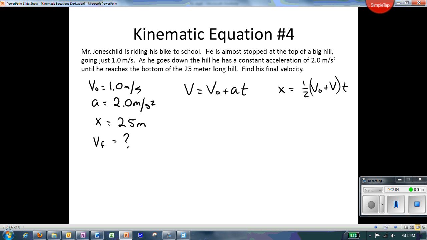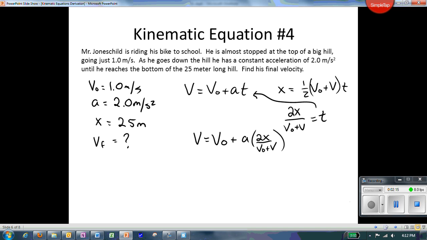So we'll start by taking the second equation and rearranging it to solve for time. We'll then put that equation in for the time in the first equation, and we end up with this.